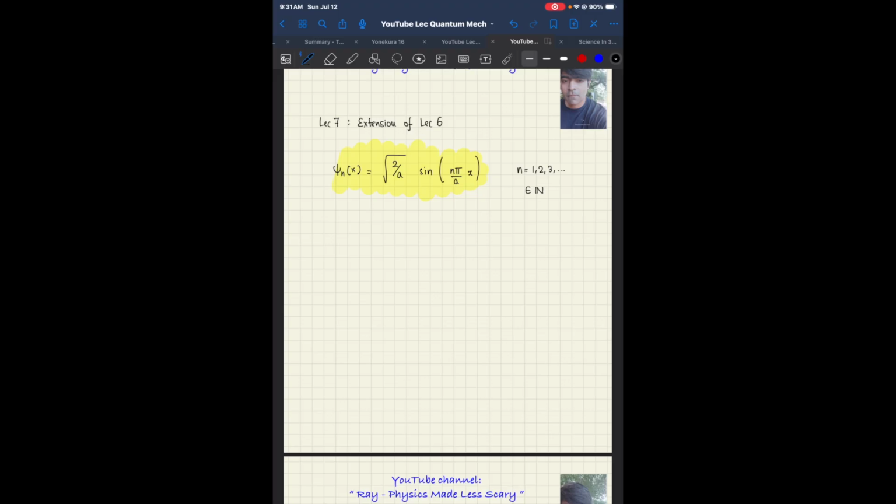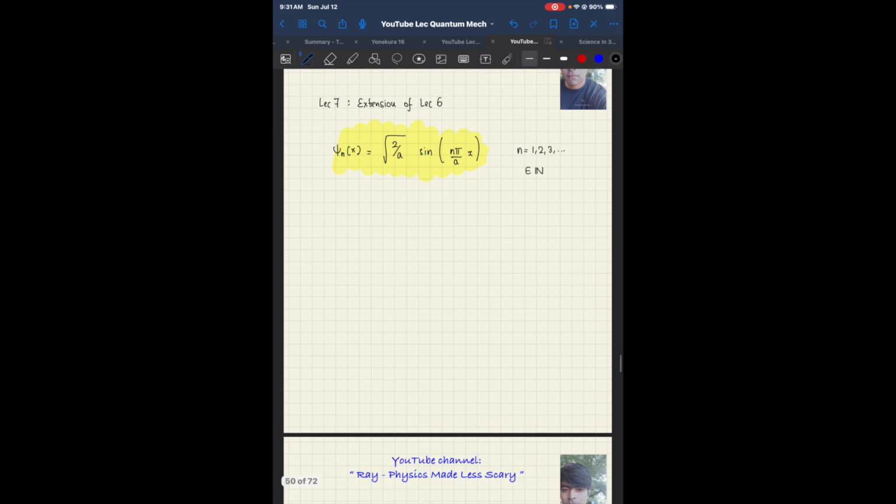N equal to 0 is no good, first and foremost, as you see, because this term then would simply be 0. So n equal to 0 doesn't make too much sense. The wave function would completely collapse. But for higher integral values of n, these are the correct wave functions.